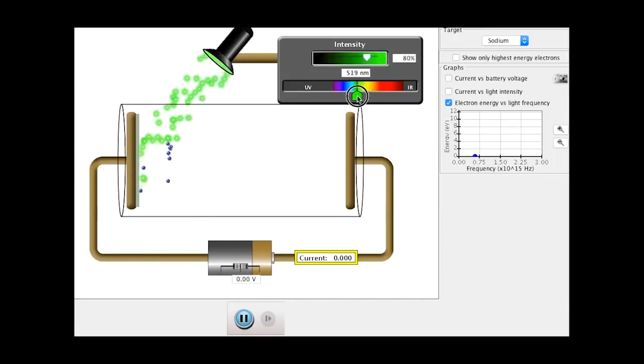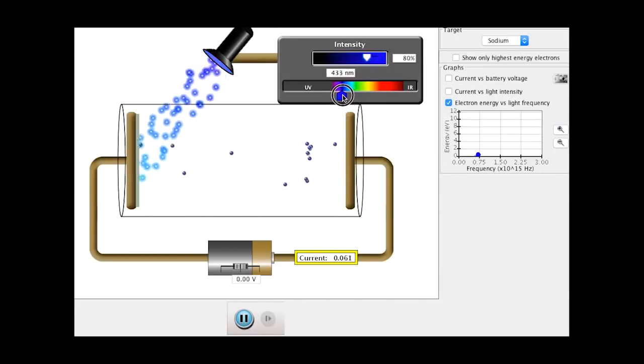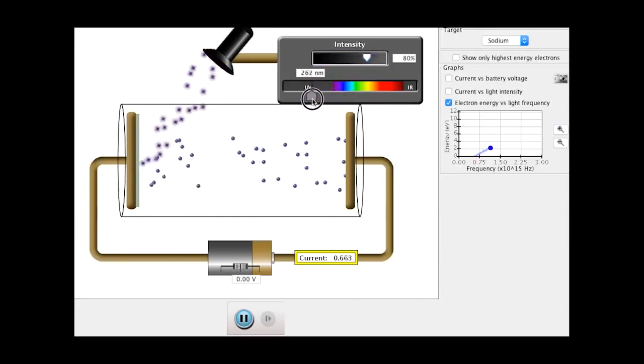There comes a point where I now start to get electrons being emitted, because the energy is just enough to release the electrons, giving a little bit left over for them to have some kinetic energy. If I continue this process along, you can see that the line continues to rise.